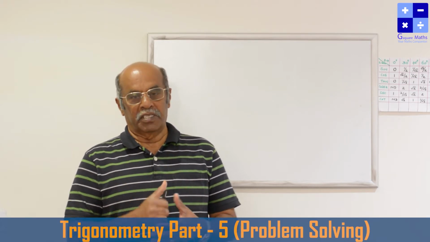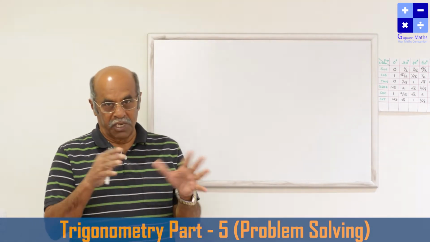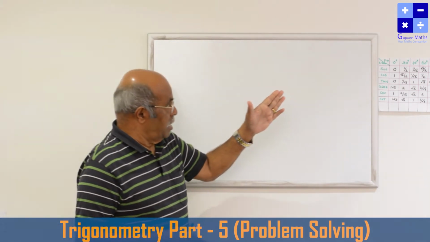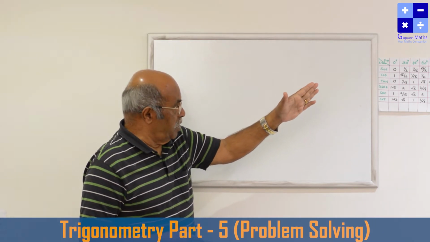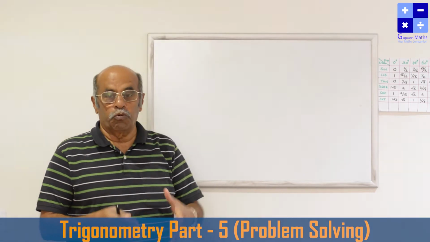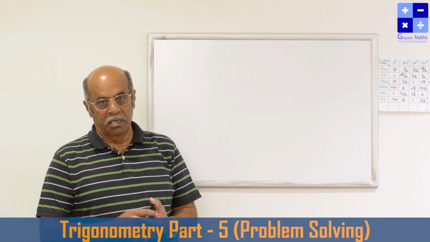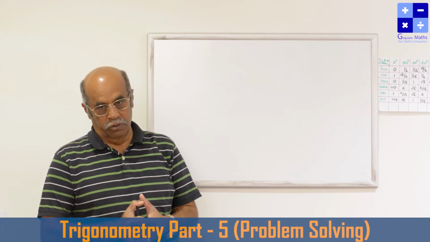Yesterday in the previous videos we studied how to derive the values of sine 0 degree, 30 degree, 45 degree, 60 degree, 90 degree, and like that all trigonometric ratios. We proved that by taking a suitable triangle, and we found all these values.